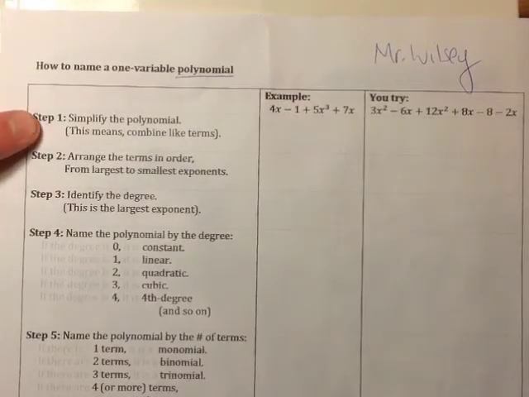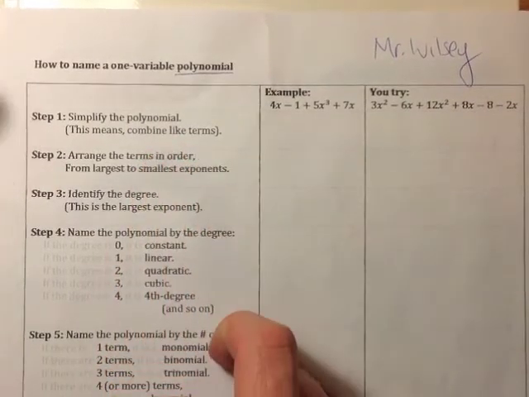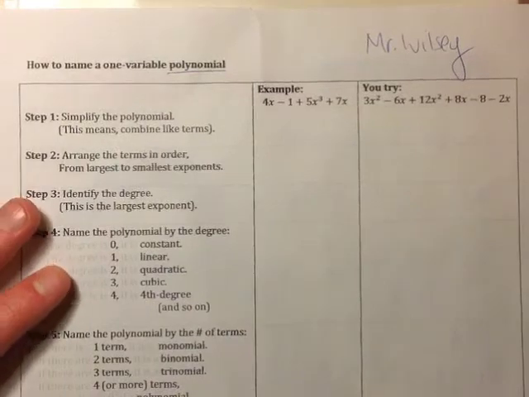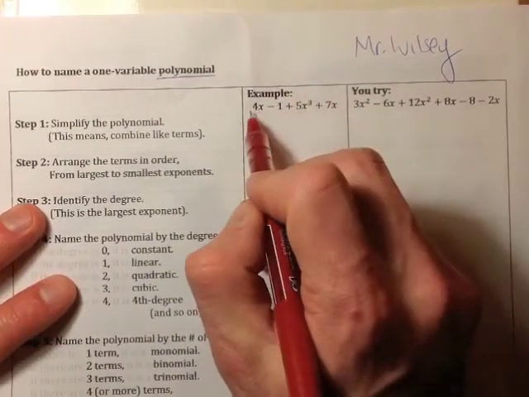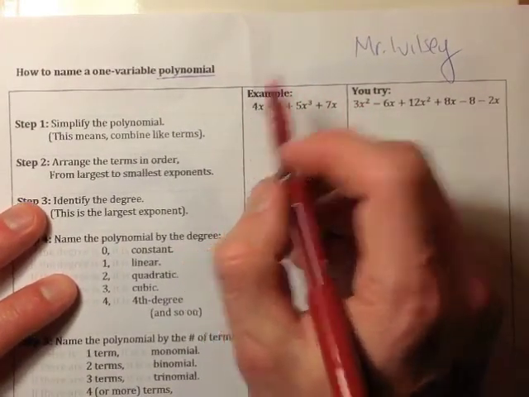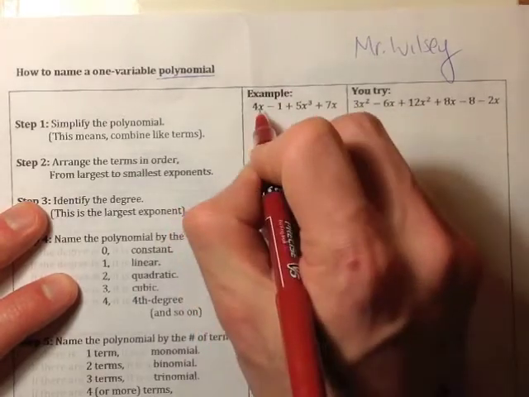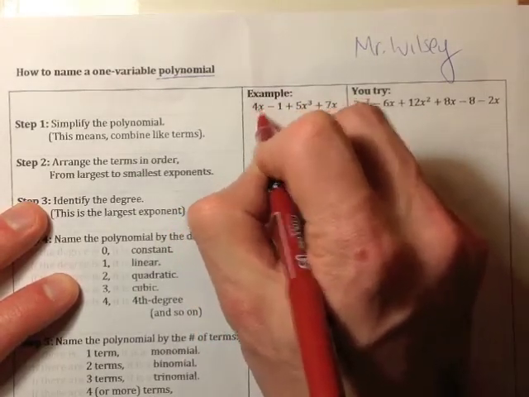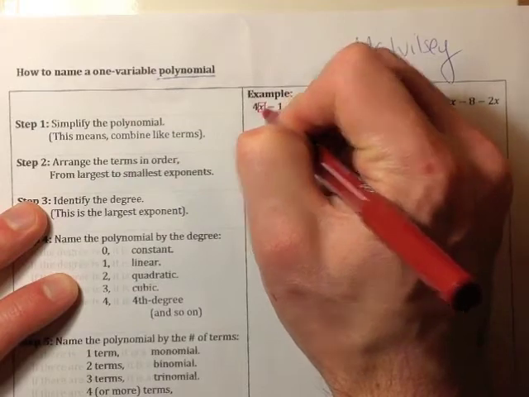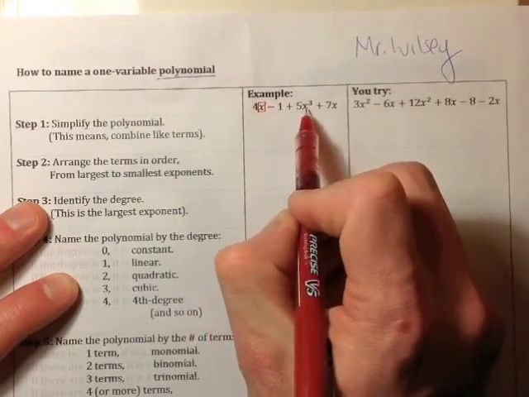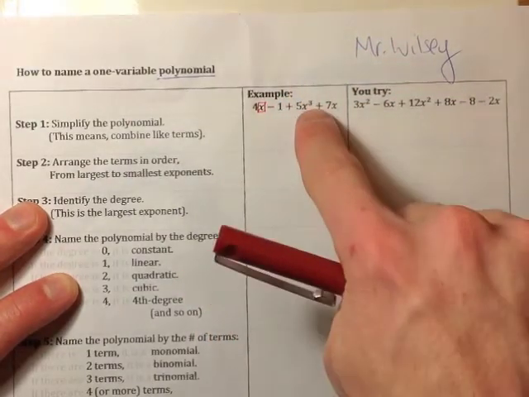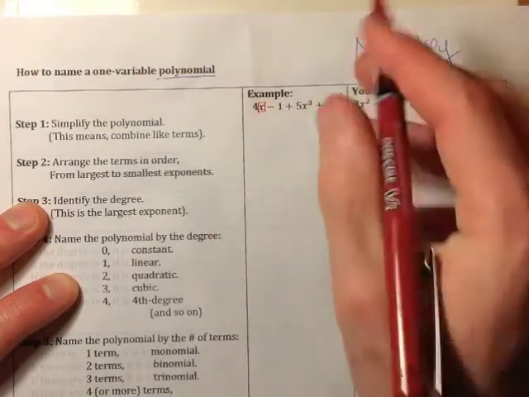Now, step 1, simplify it. Combine like terms using the same exact skill that we just learned. So I'm going to scan from left to right. I'm going to put a box around similar pieces of each term. So I see an x right here. I'm going to put a box around the x. There's an x there, but it's raised to the third power. Can't box it, but there is an x over here.